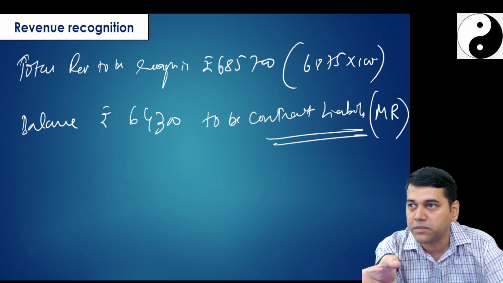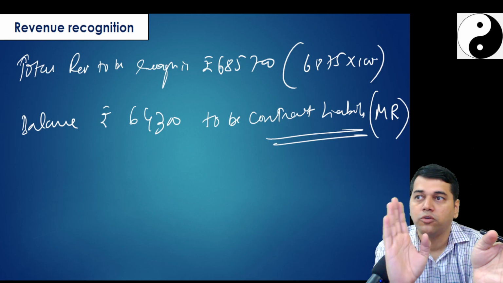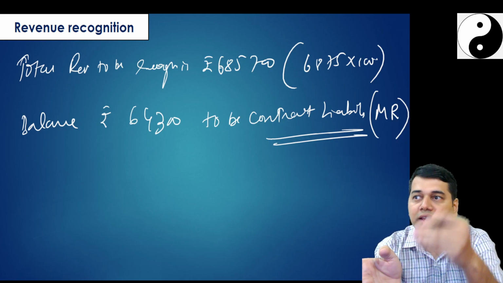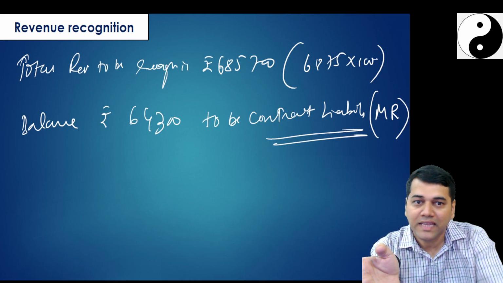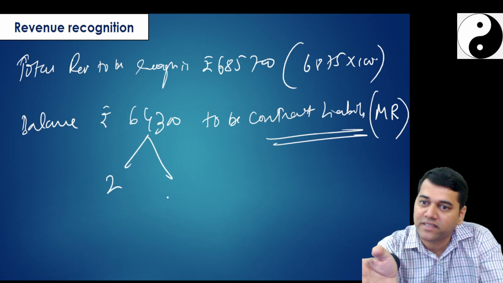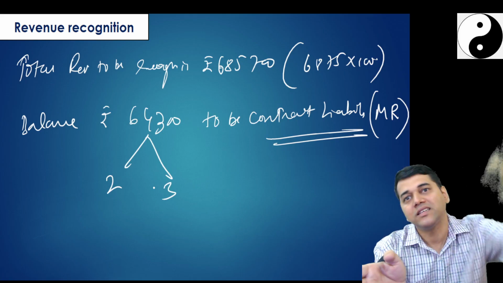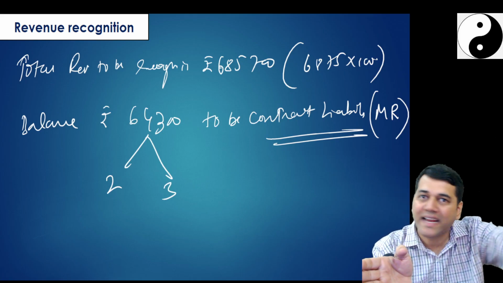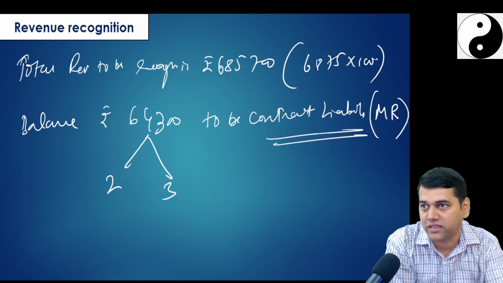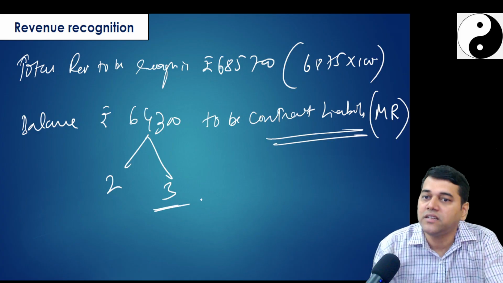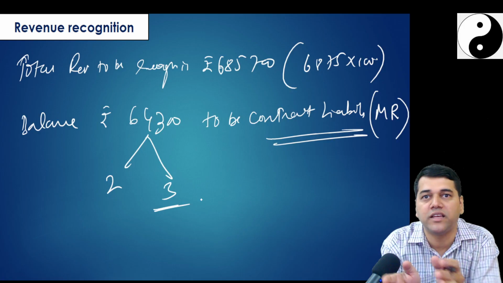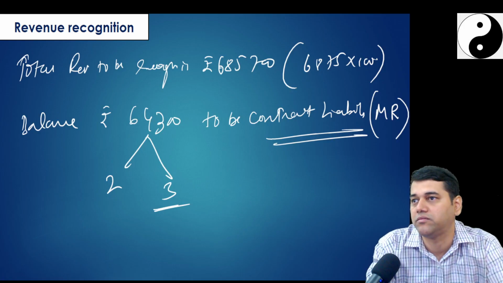One is your membership, another is your material right. So material right, they will get only next year, no. At that time, proportionate this you will take in the second year, in the third year. And the third year, since the material right is going to get expired, from fourth year there is nothing. That's why by the third year, whatever balance of contract liability is there, it will get fully transferred to the revenue.